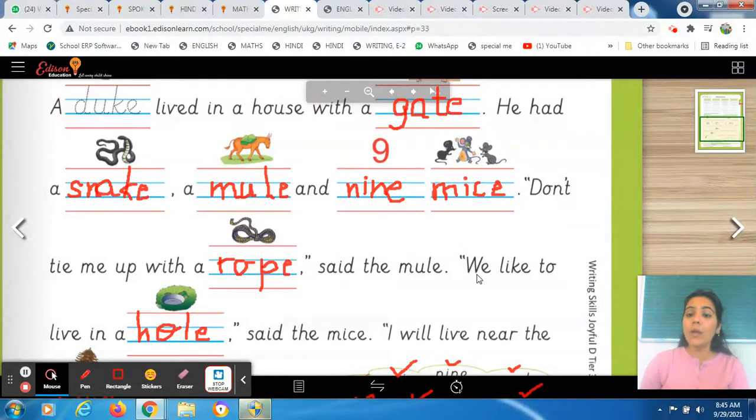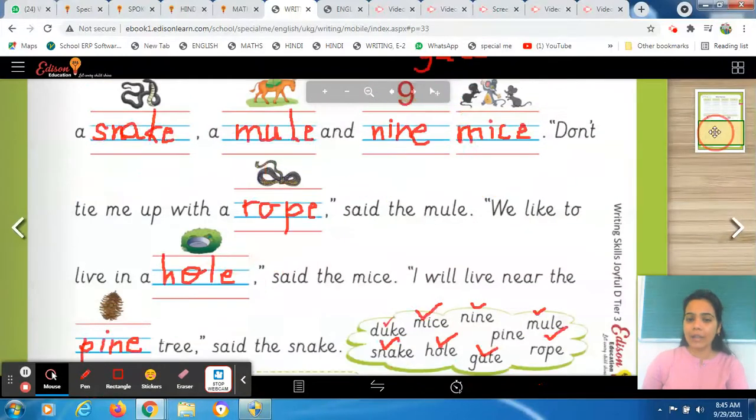Okay? We like to live in a hole. Who loves to live in a hole? माइस है ना. जो रैट्स होते हैं दे लाइक टू लिव इन अ होल, वो होल में रहते हैं ना. सो द माइस सेड वी लाइक टू लिव इन अ होल. हमें कहाँ रहना पसंद है? वी लाइक टू लिव इन अ होल.